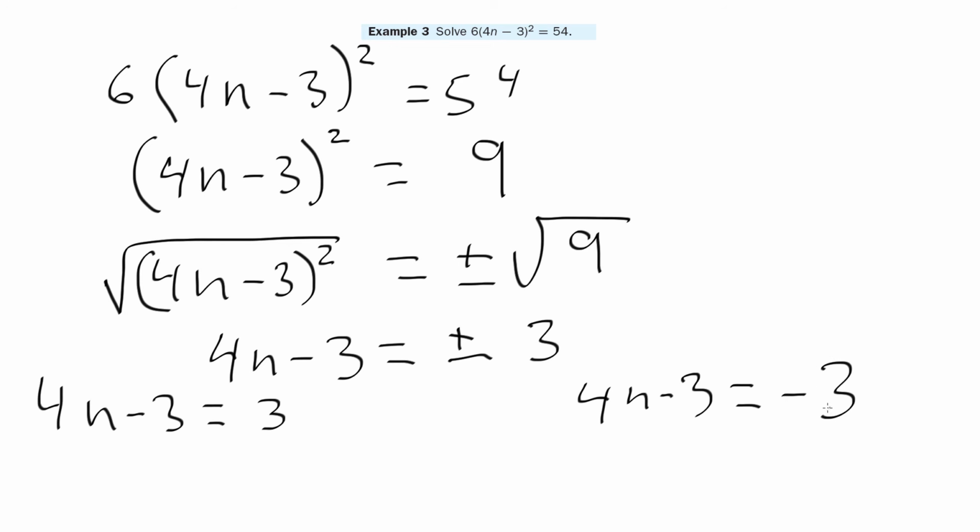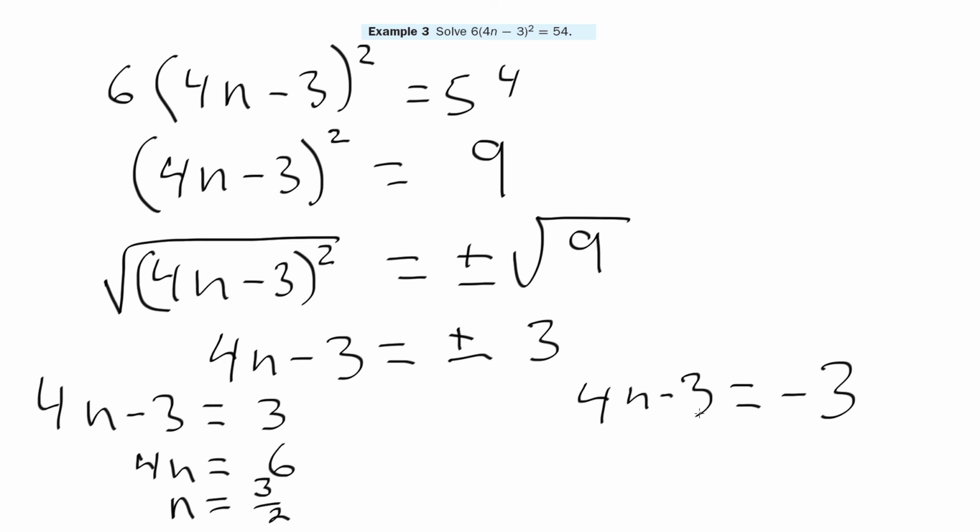Well, here in this case, I add 3 to both sides. So 4n equals 6. So n equals 6 over 4, which is 3 halves. And in this case I add 3 to both sides.